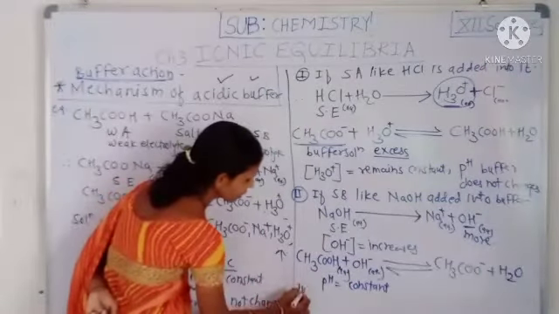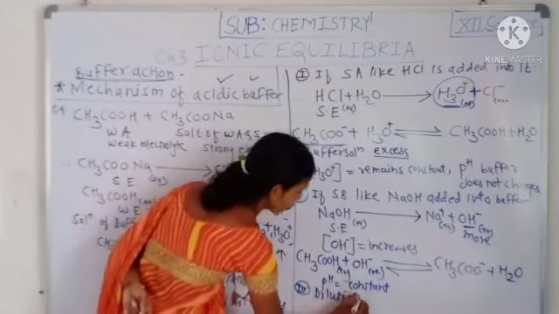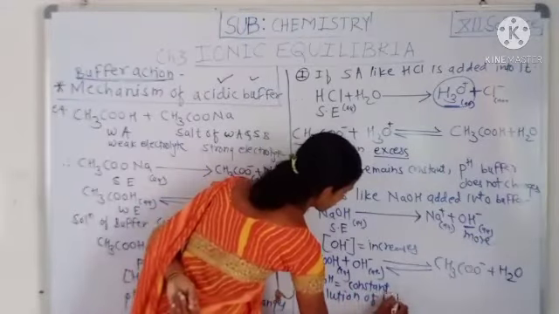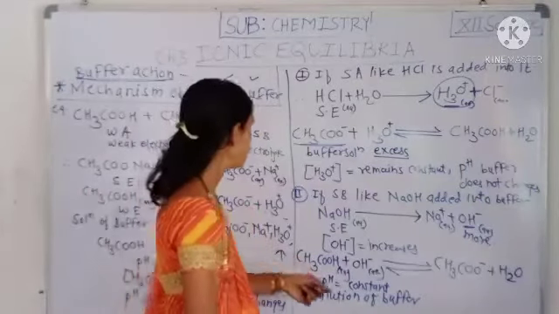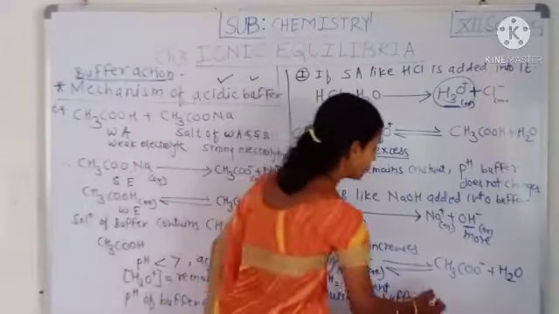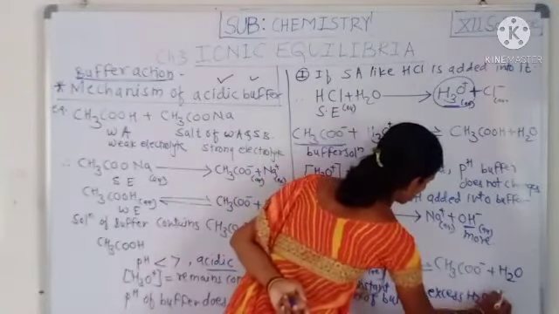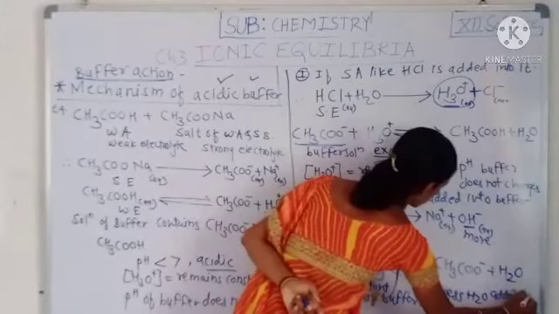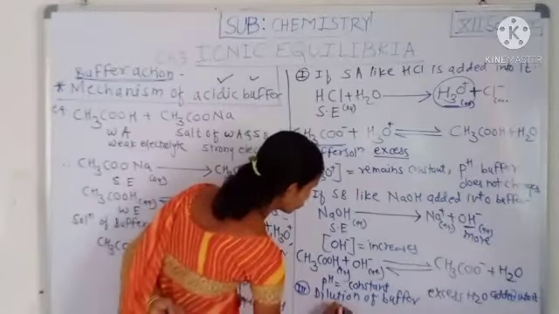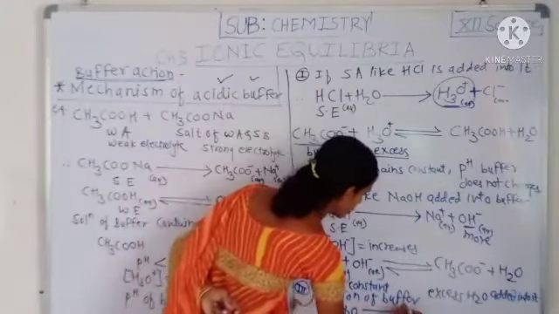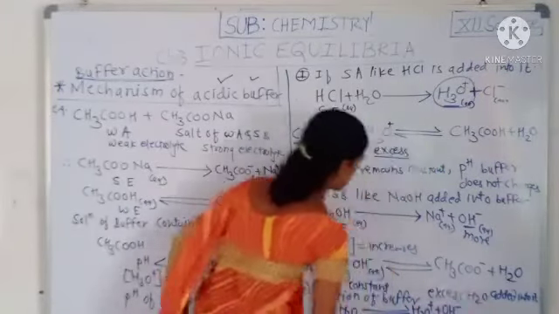Similarly, even after dilution of the buffer, that means if the buffer gets diluted, that means excess water is added into it, then water dissociates into H3O+ and OH- ions.